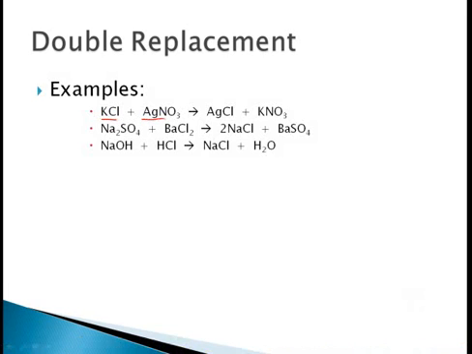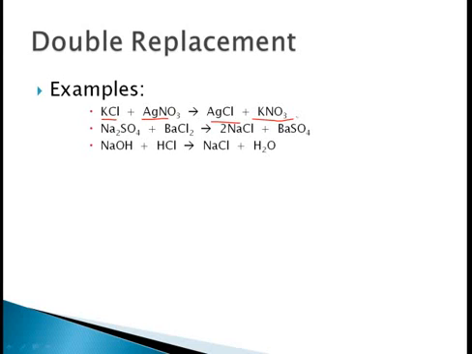Potassium chloride plus silver nitrate gives me silver chloride and potassium nitrate. In all cases, these are ionic compounds. We have a positive and a negative ion, and a positive and a negative ion, and they are swapping partners.